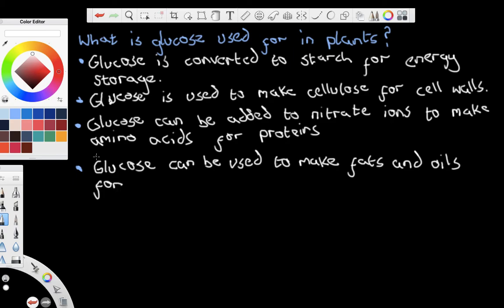Think of nuts. When you eat nuts, they've got a lot of fat in them. That has come from a plant, and that's how plants store energy. For energy storage.